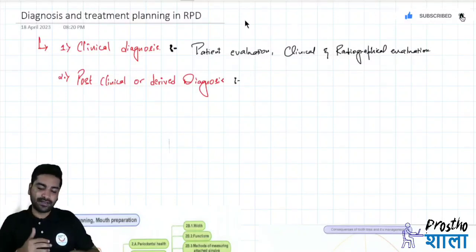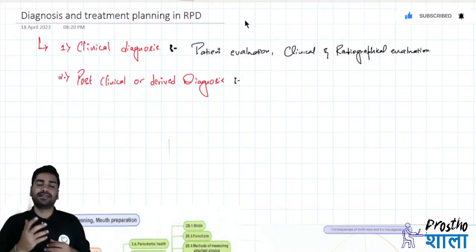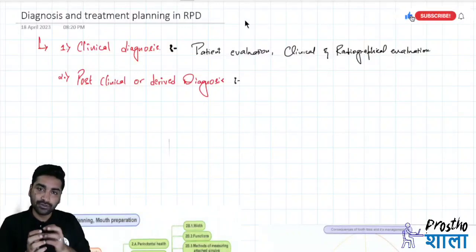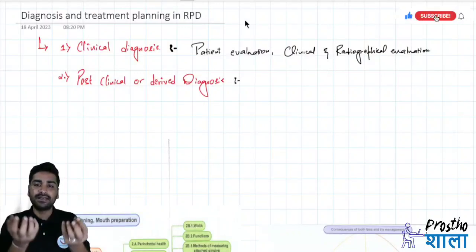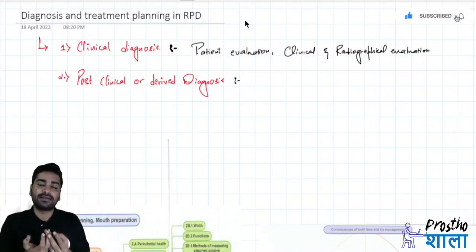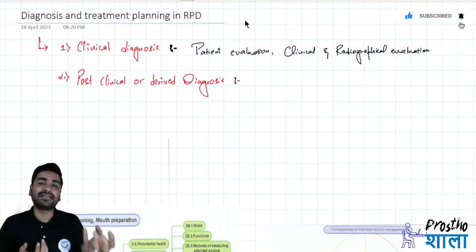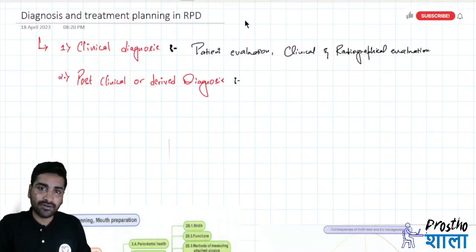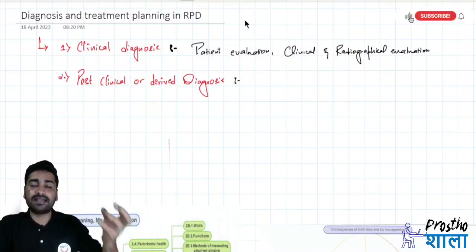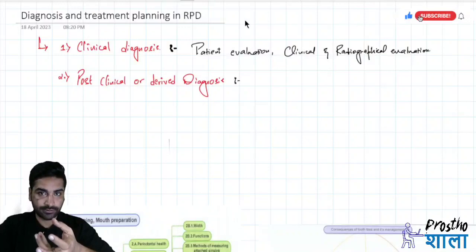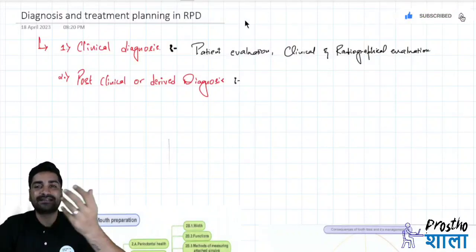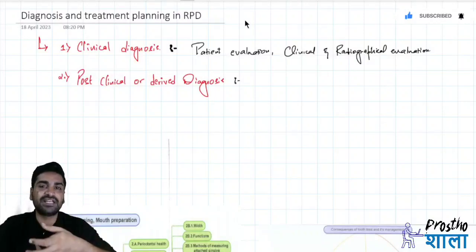Now once we have done our clinical diagnosis, next what we get is the post clinical or the derived diagnosis. This part of the diagnosis deals with the data you have received from the patient. It might be clinical data, it might be radiological data, but whatever you have derived from the patient, along with some diagnostic tools like your diagnostic cast, the pre-extraction records, or anything you receive additionally from the patient.